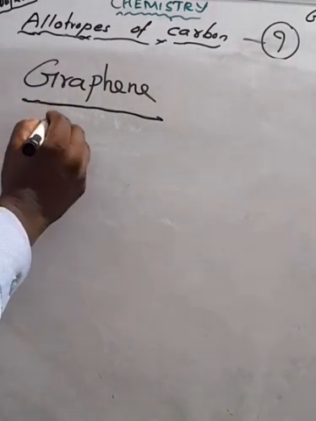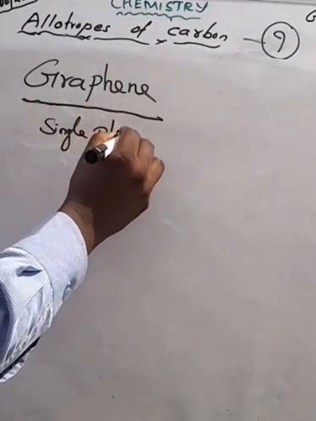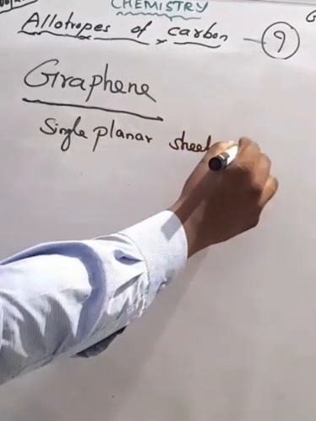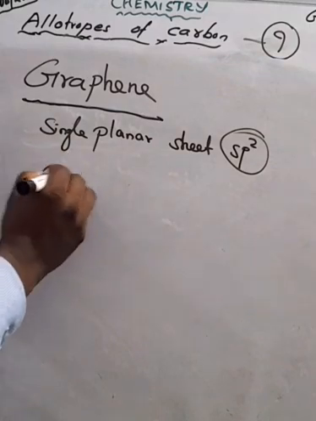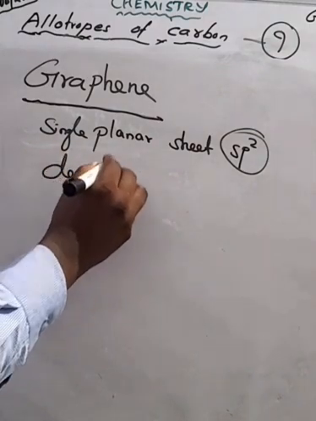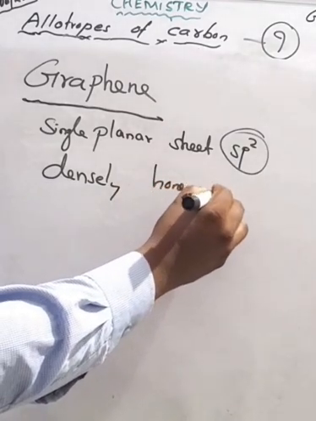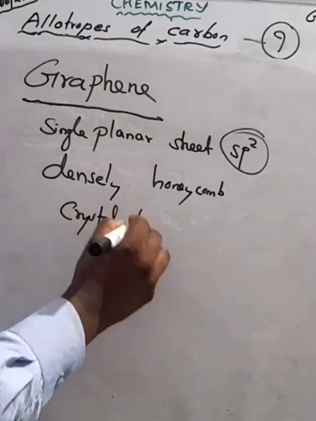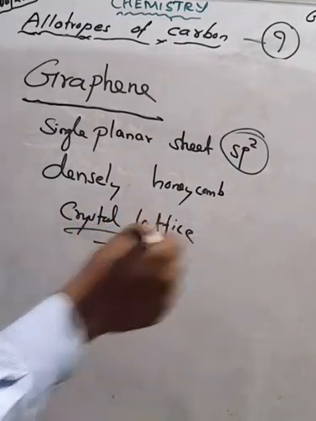It is a single planar sheet of sp2 hybridized carbon atoms, densely packed in a honeycomb crystal lattice. You know about the honeycomb, am I right? We can also easily draw this structure.